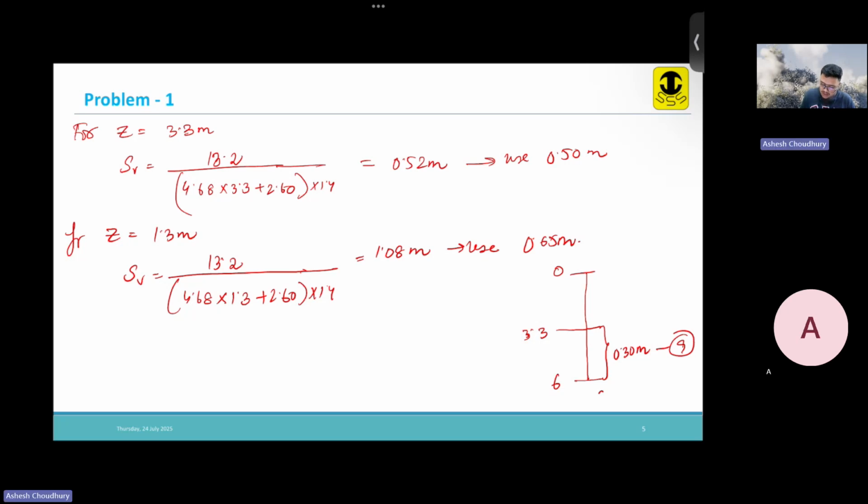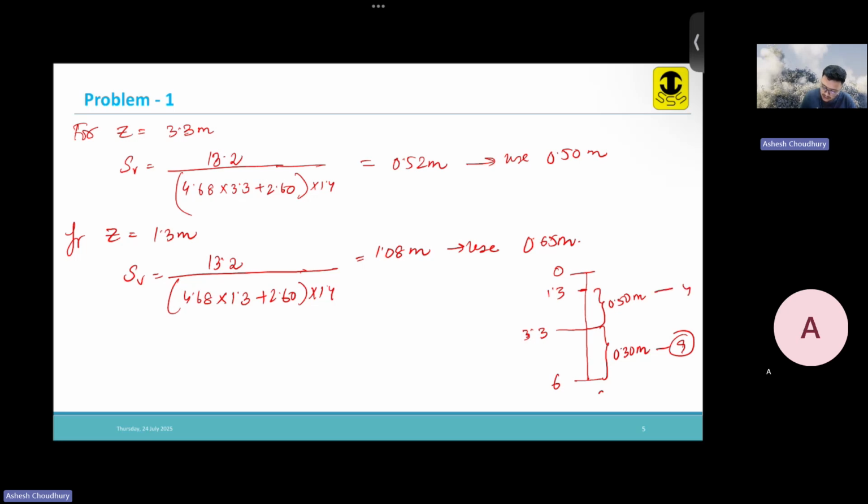Now above that we are using 0.5. So from 3.3 to 1.3, let us use a spacing of 0.5 meter. That means 3.3 minus 1.3 divided by 0.5 will come out as 4.